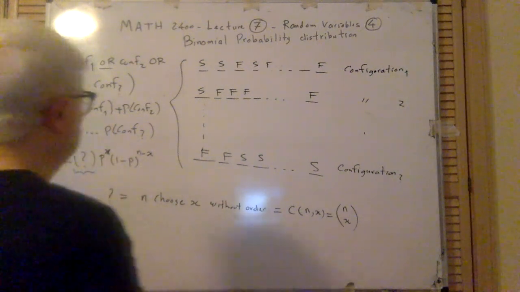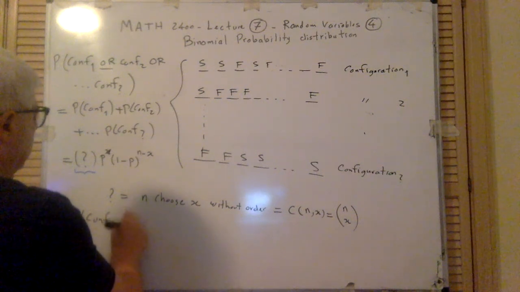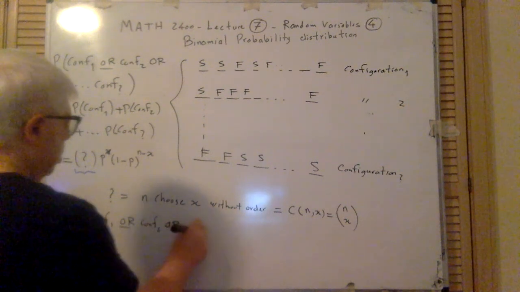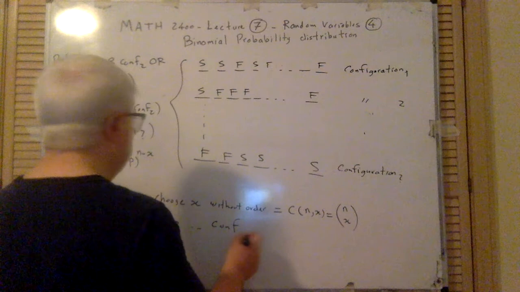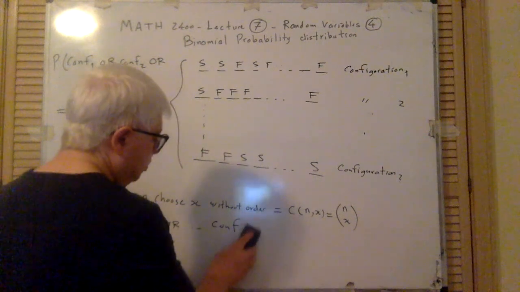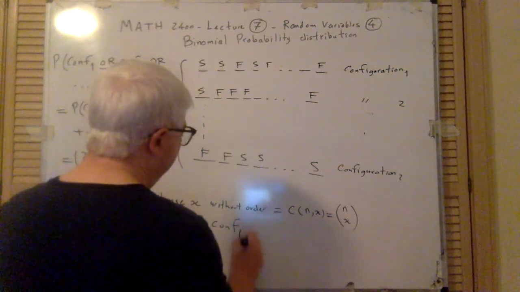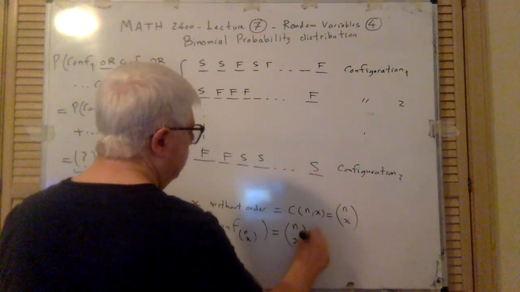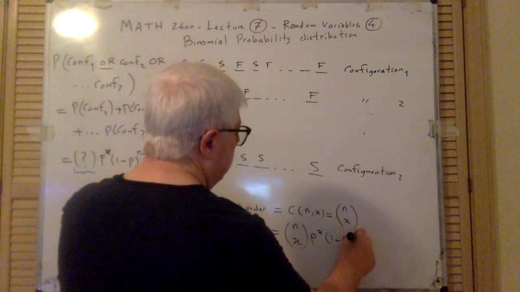So this probability is in fact the probability of configuration 1 or configuration 2 or the last one, and it is in fact (n x) p to power x times 1 minus p to power n minus x.